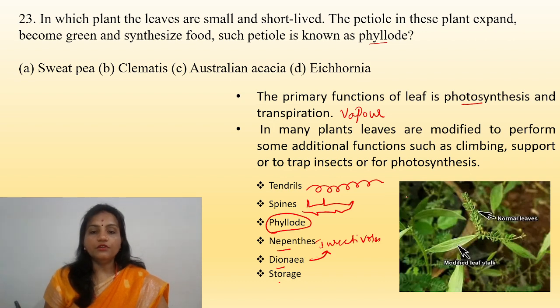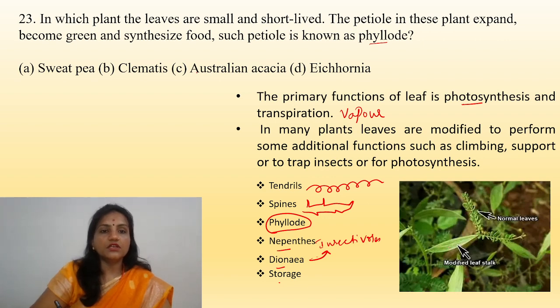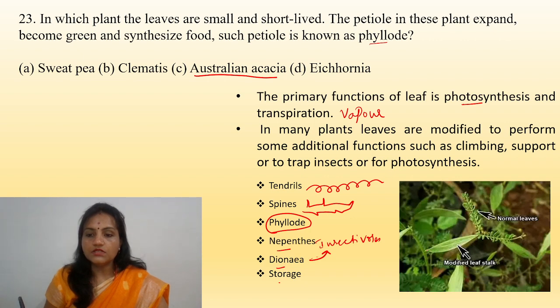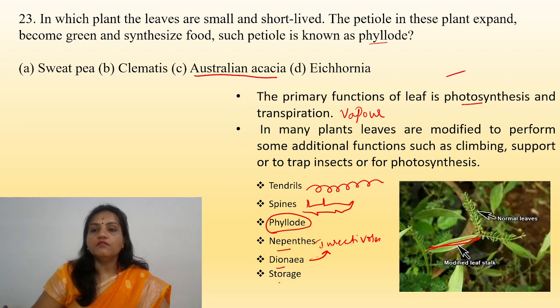You can see here the example for phyllode is Australian acacia. So what happens in this? This is the petiole. A leaf has a petiole and the leaf lamina.